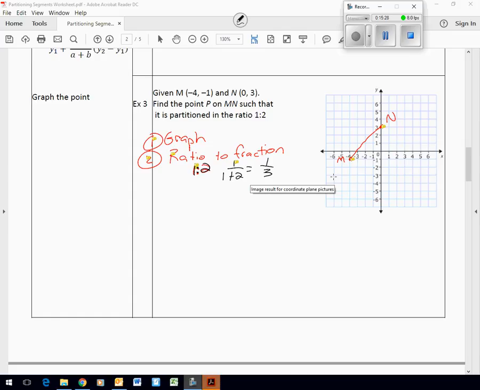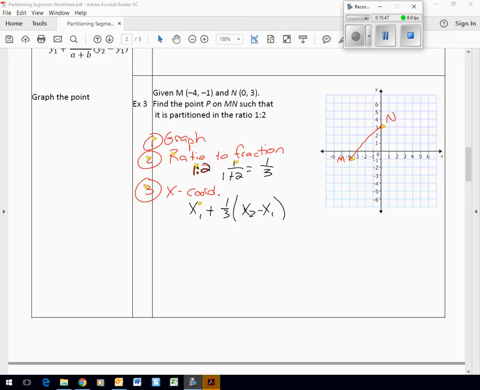Okay. Number 3, let's do the x-coordinates. Remember, that's going to be x1 plus 1/3 of x2 minus x1.